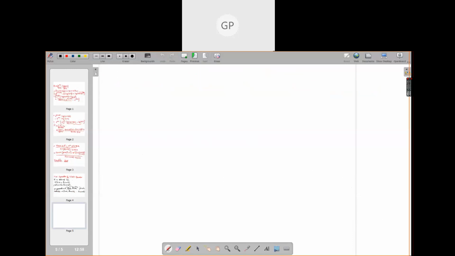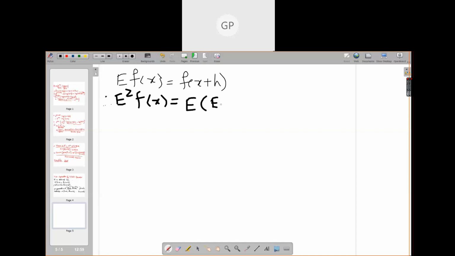Now see, E fx is equal to f of x plus h. I think this thickness is better, no? What is E square fx? E square fx is E operated on E fx.